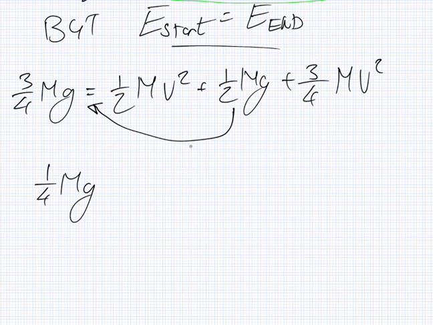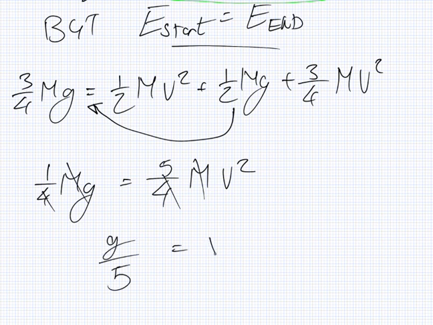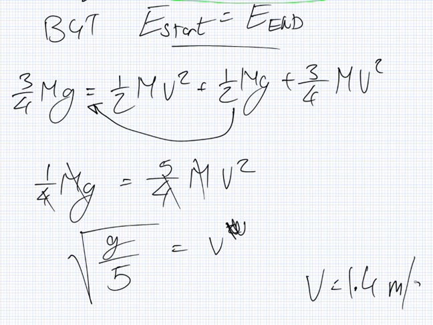Now, what happens to the 4s? So I have g over 5 equals v squared, so v is square root g over 5, which is about 1.4. v is 1.4 meters per second. So that's how fast they are going.